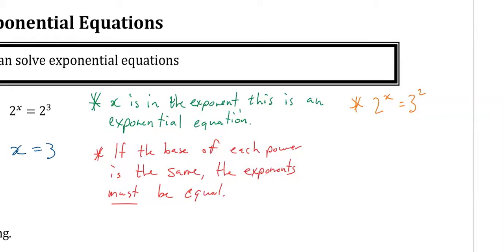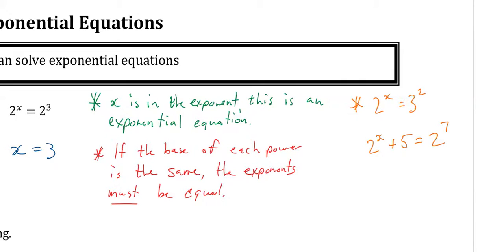Or if I had something like this, 2 to the x plus 5 equals 2 to the 7, that 5 is in my way. So we couldn't solve something like this. I'm not going to give you a question like that, although when we start applications, it'll have another element to it. But this is not ready to be solved because over here, all I have is a 2 to an exponent and a 2 to an exponent.